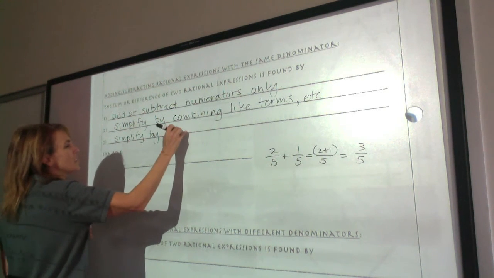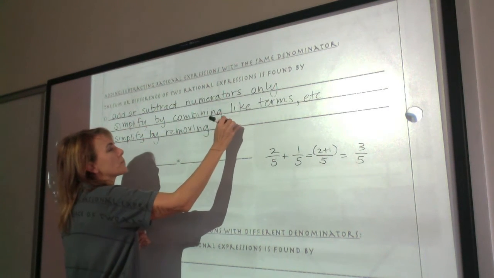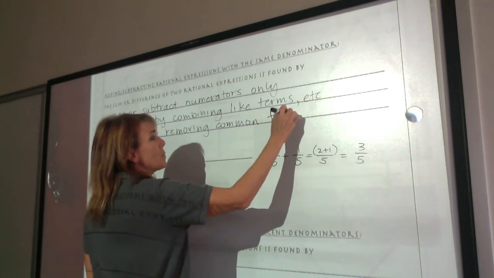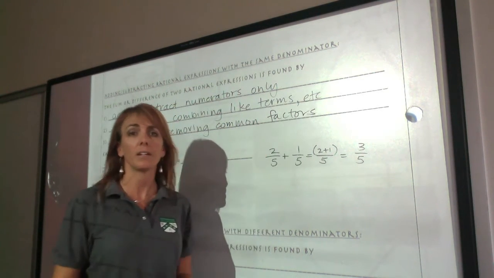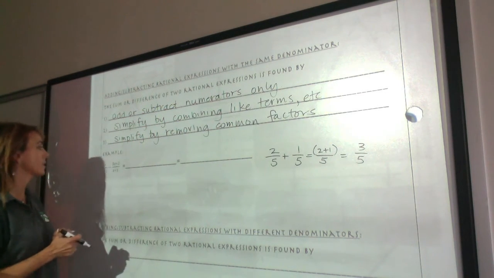So kind of 2 steps in our simplification process. Sometimes we have common factors, but often there aren't. But we always want to consider that. Okay, so let's take a look here.